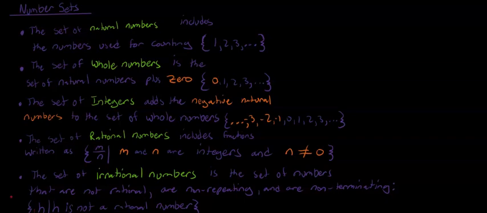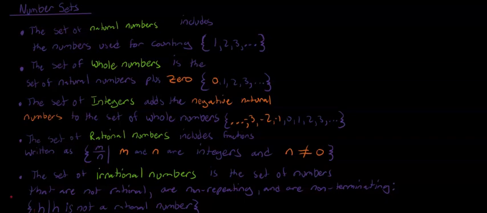What this really means is that in the 7th century, we devised the set of integers, which just adds the negative natural numbers to the set of whole numbers. So now, not only do we have 0, 1, 2, 3, 4, 5, and so on, we also have -1, -2, -3, -4, -5, and so on.